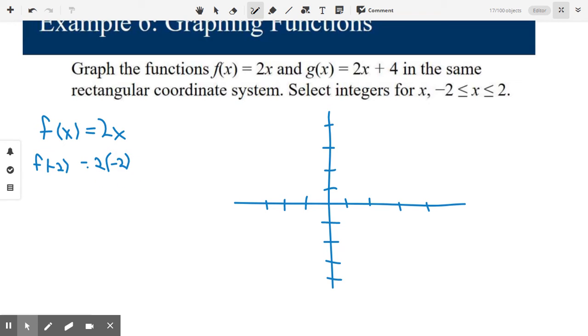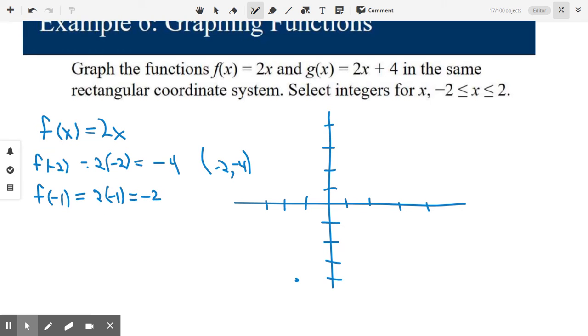That means I put -2 in for x, and I get -4. So that point, I substituted in -2, and I got -4. So this right here is a point on that graph. I'm going to go just -2, -1, 0, 1, and 2. So now if I want to know when x is -1, f of -1, that means I go to the right part and I plug in -1 for x.